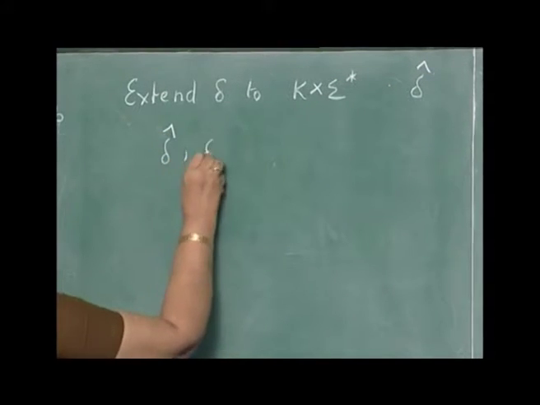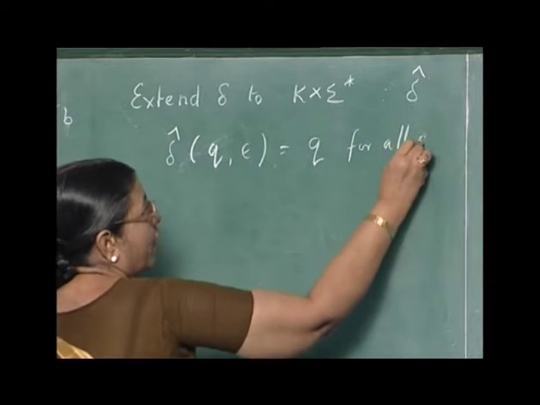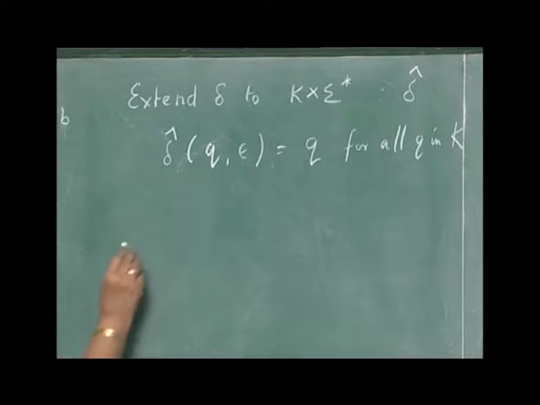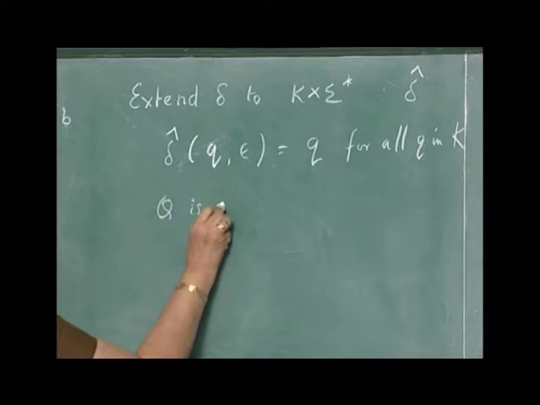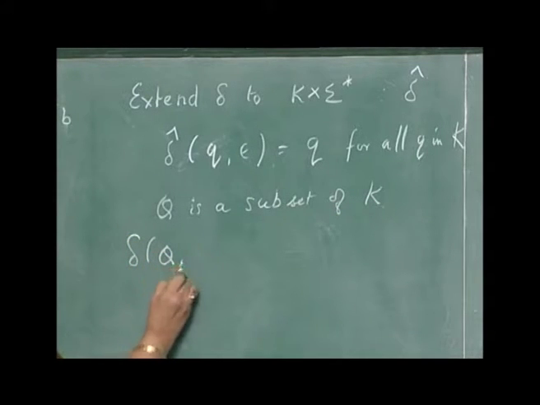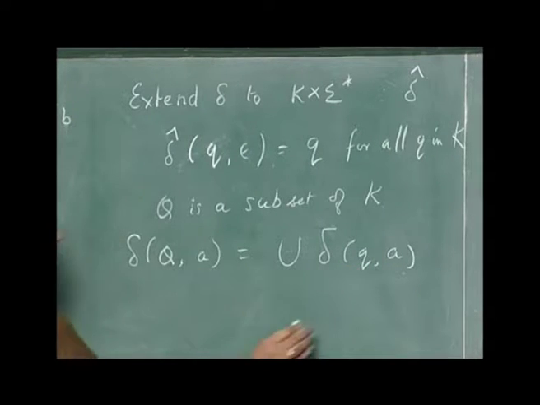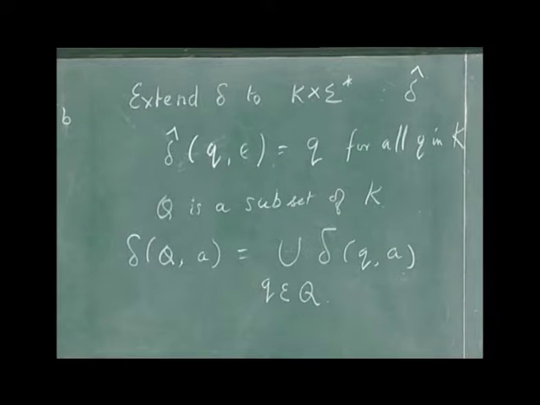So, delta cap of q, epsilon is q for all q in K, and we also extend that to subsets of K. So, if Q is a subset of K, delta of Q, a is the union of delta of q, a, q belonging to Q. So, you are extending the mapping to subsets of K; we need not use a different symbol because delta of q, a is the same.